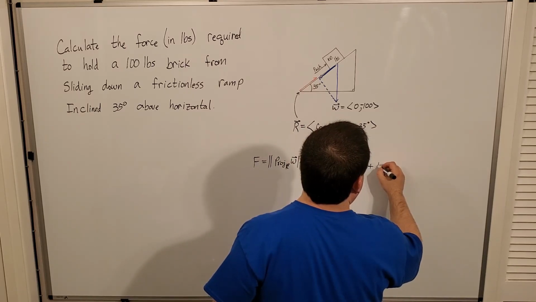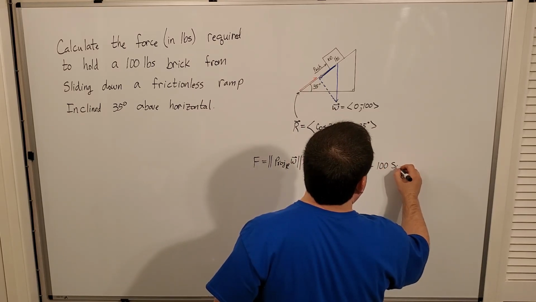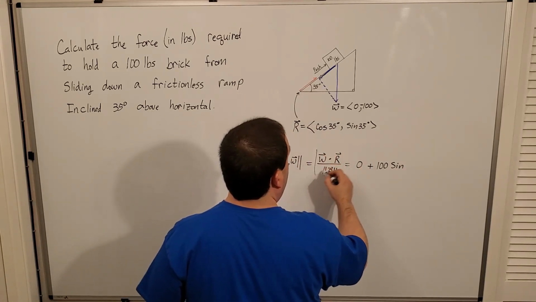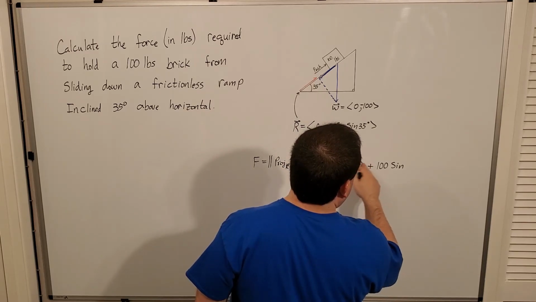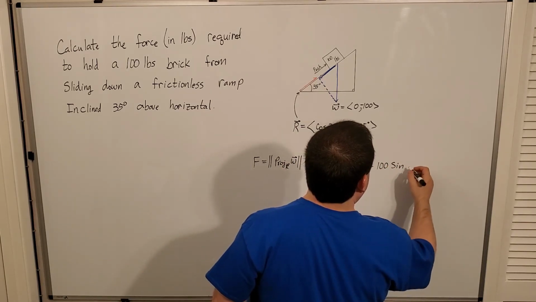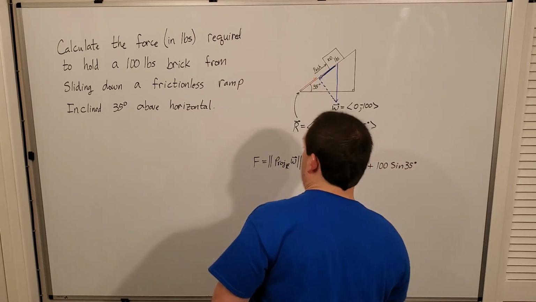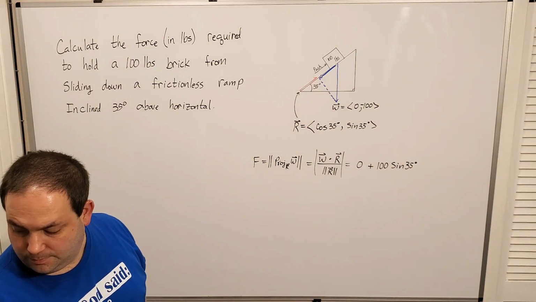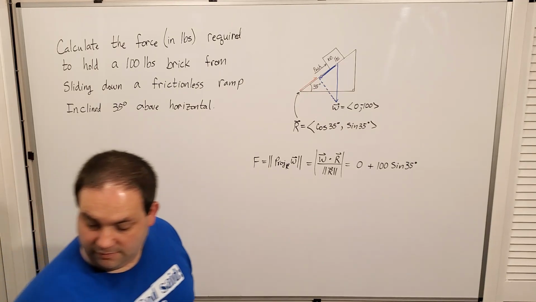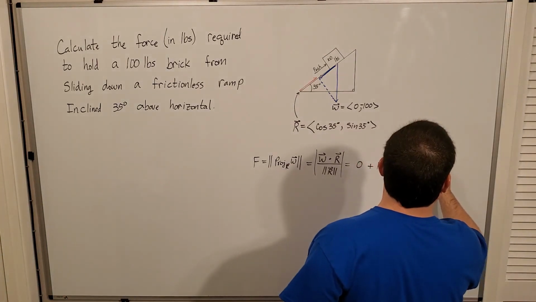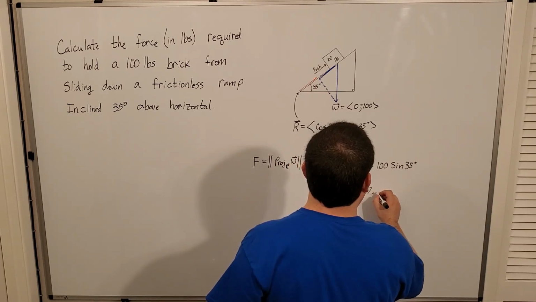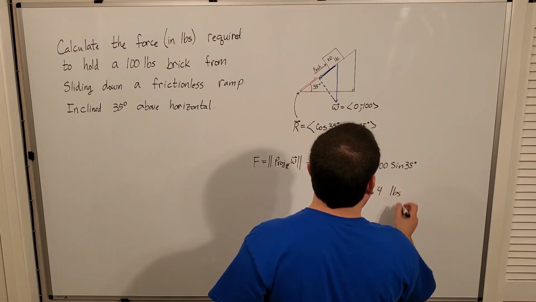I'm going to use positive 100 though, because what I need is just the magnitude, so technically this is an absolute value. 0 plus anything, I'm going to do the absolute value here, 100 sine of 35 degrees. So once you do that computation, you see that it is 57.4 pounds.